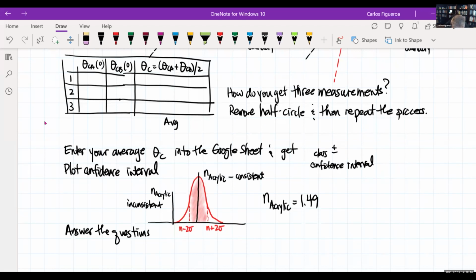What do I want you to calculate? I want you to calculate theta critical of the class, but this time, let's call this C1 because it's method 1, and then you have 2 sigma of C1. So you don't have the acrylic. What you have here is a critical value.